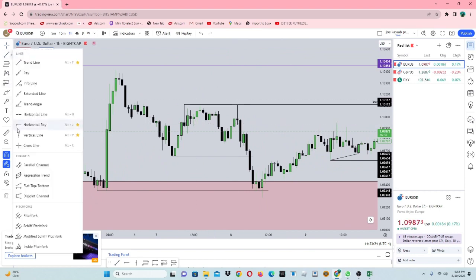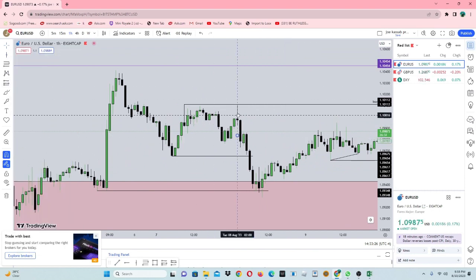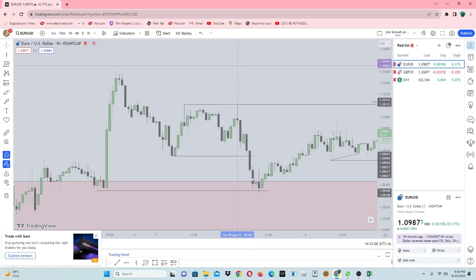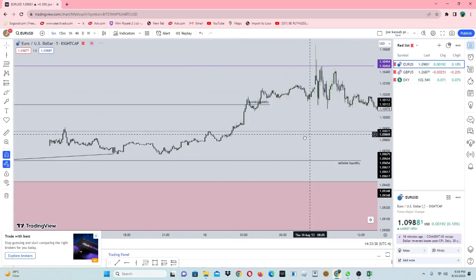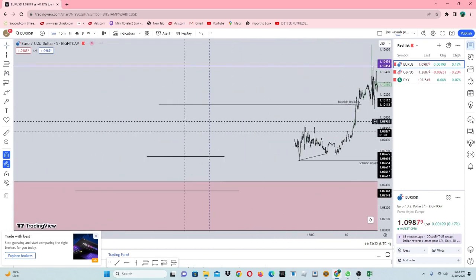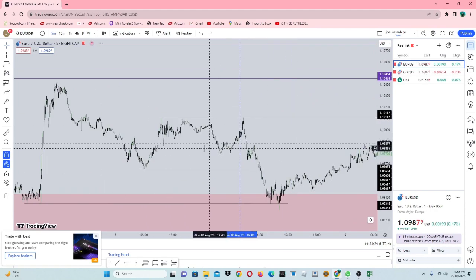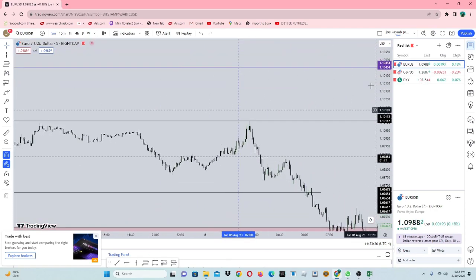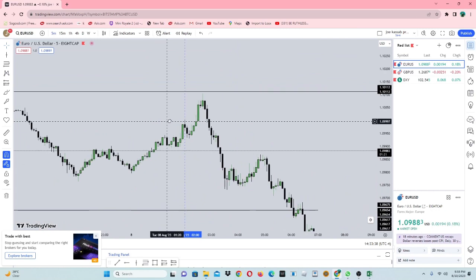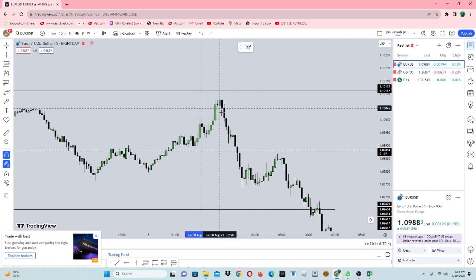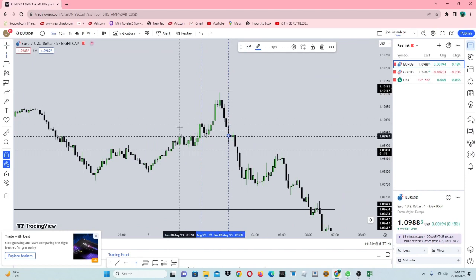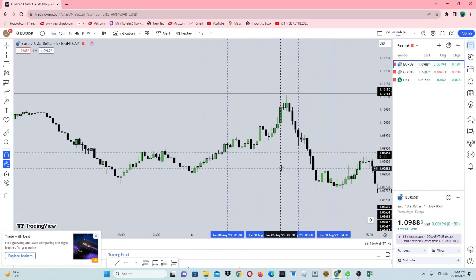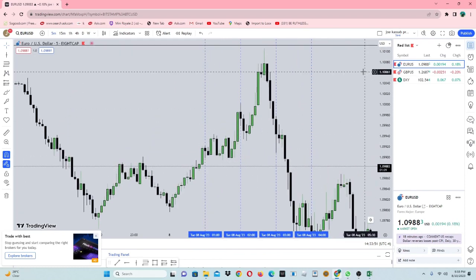Going into the 2 a.m. session, this is the 5 minutes. You can clearly see that this is the 2 to 3 previous candle and next candle. So this is the previous candle.